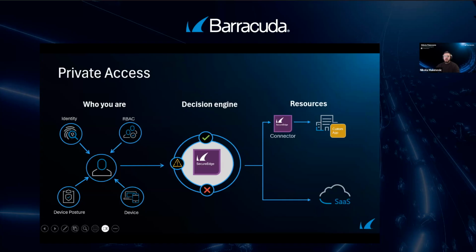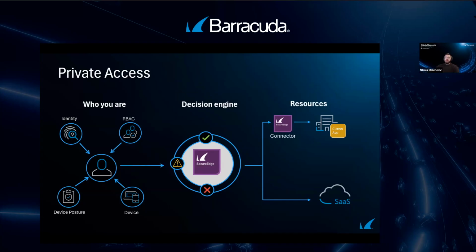And now we can actually come to our Private Access Plan. How does it work? Well, this access plan is pretty much the ZTNA use case, right? Or zero trust network access. Now, on the left side, you can see the key factors that are taken into account when deciding whether a user should be allowed access to a specific resource or application.